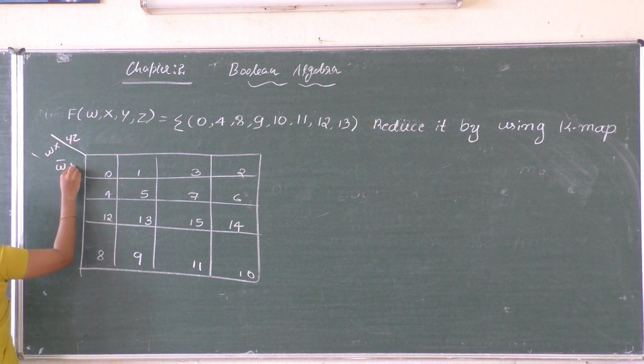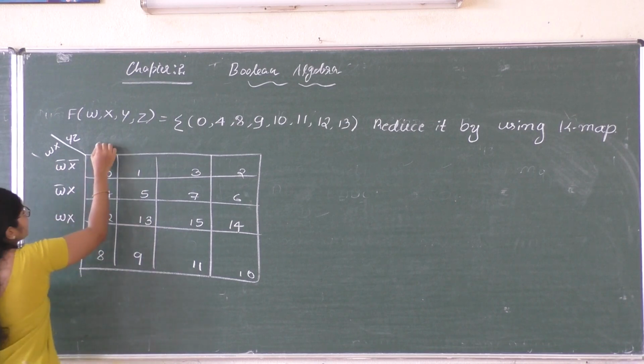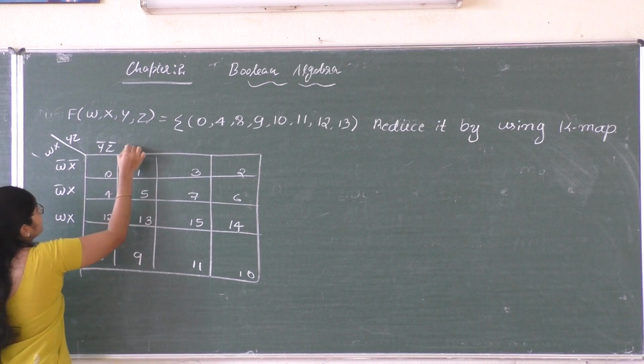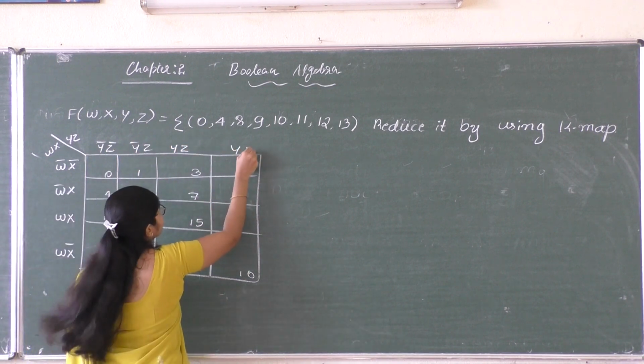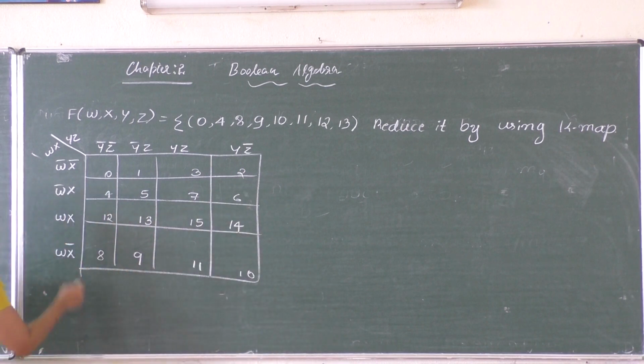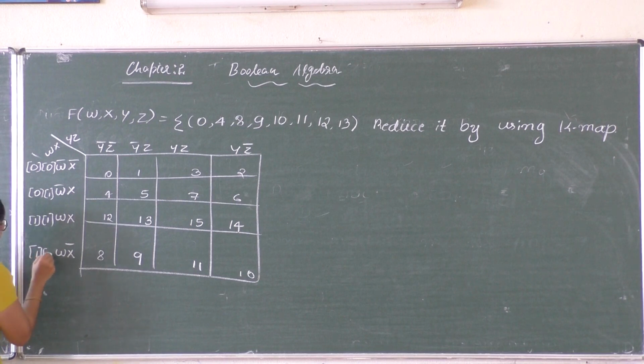The first row is w bar x bar, w bar x, w x, w x bar. Y bar z bar, y bar z, y z, y z bar. And corresponding binary values are 0, 0, 0, 1, 1, 1, 1, 0.